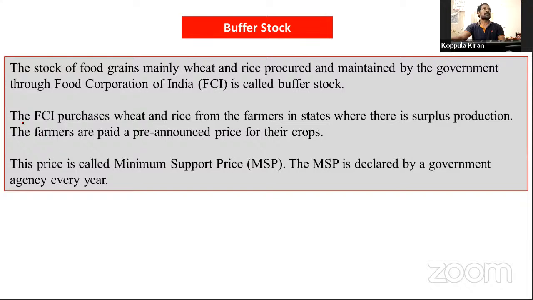Next, the FCI purchases wheat and rice from the farmers in states where there is surplus production. The farmers are paid a pre-announced price for their crops. When the central government procures the food grains from the farmers, the price for the crops is already declared. That pre-announced price is known as the minimum support price.